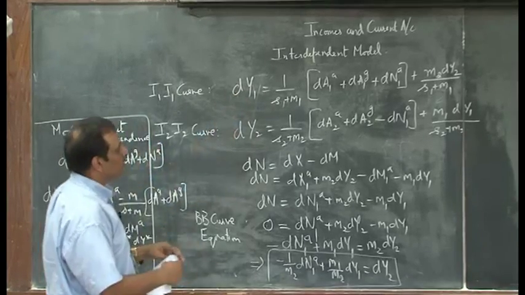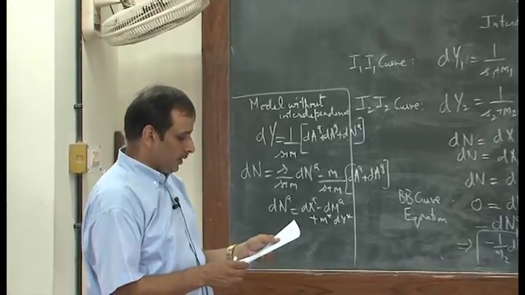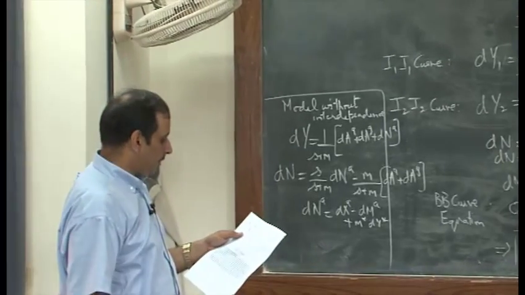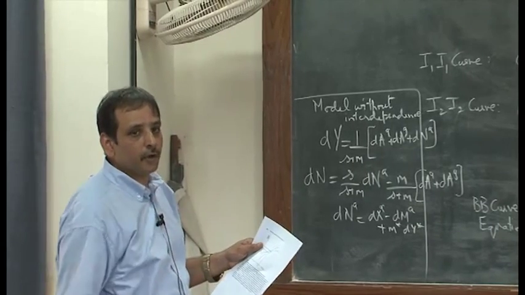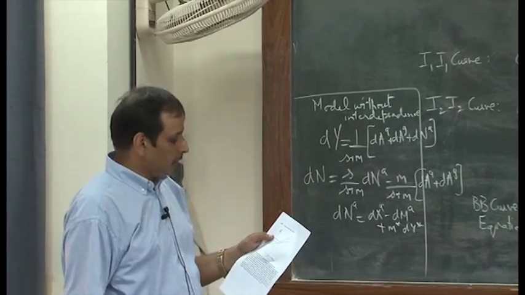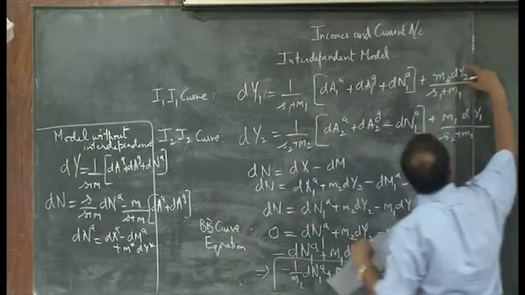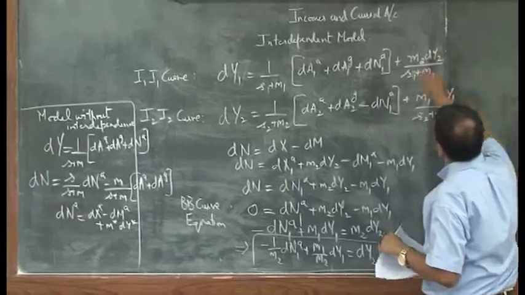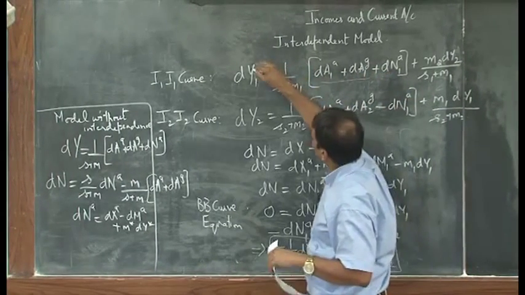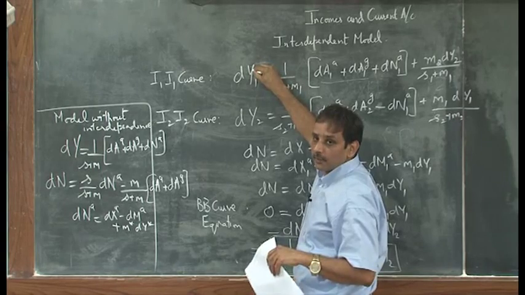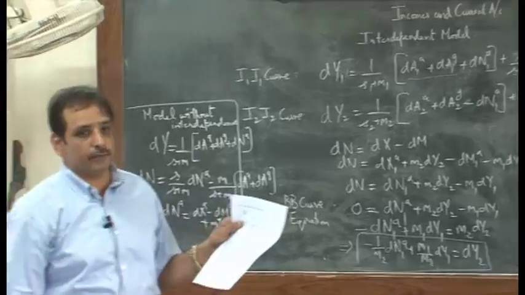Now, this would mean that, given the Japanese incomes, you would see a rightward shift of the I1 curve. So, given that the incomes of Japan remain the same, if the expenditures in US go up, then the incomes in the US go up. This means that there will be a rightward shift of the I1 curve.